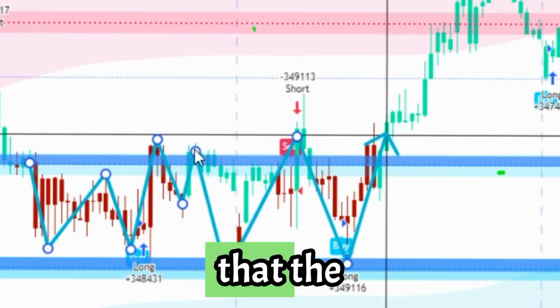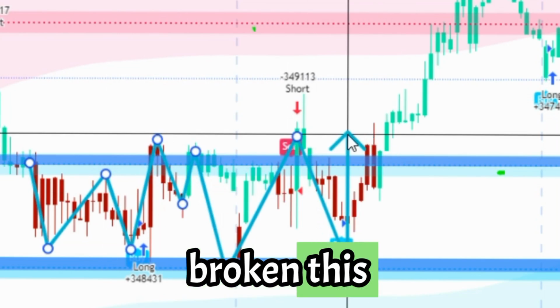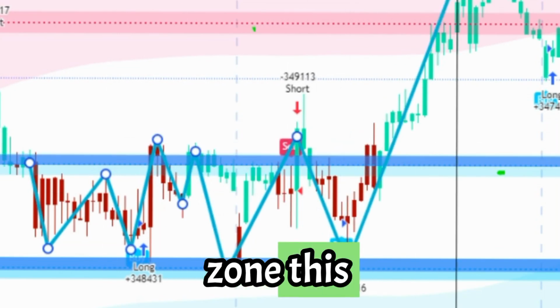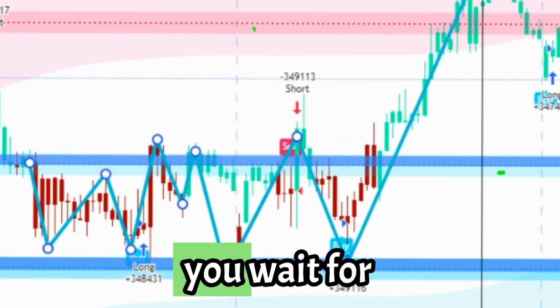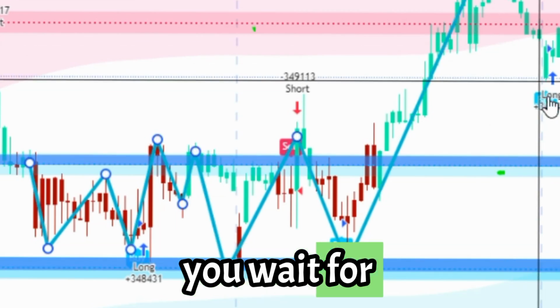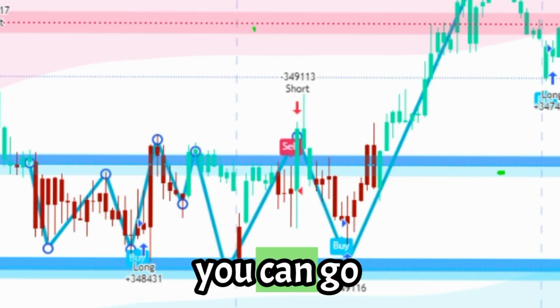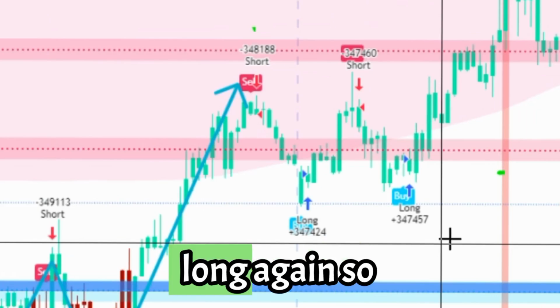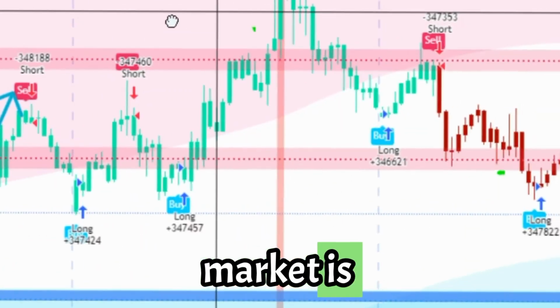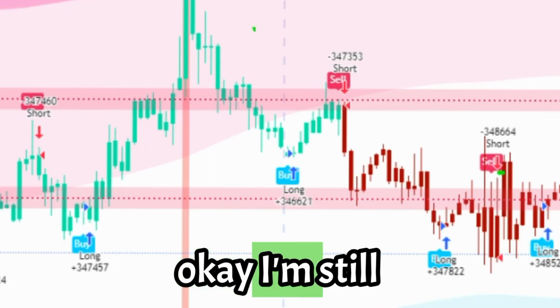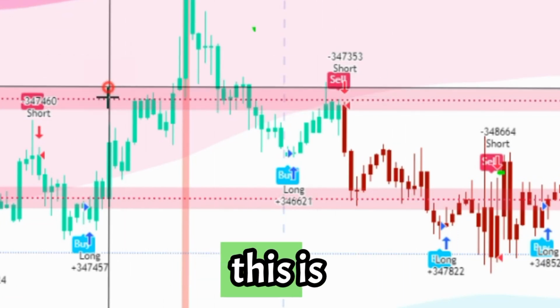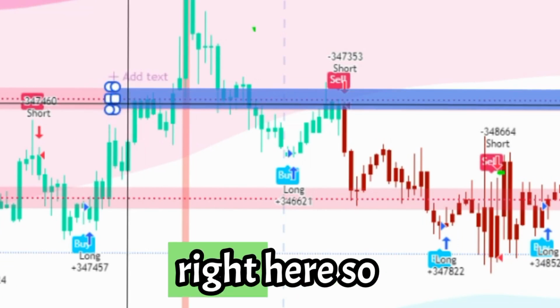What do I mean by that? The market has broken this zone, came up, you wait for the market to come down, then you can go long again. I'm still talking about these zones. This is another zone right here.